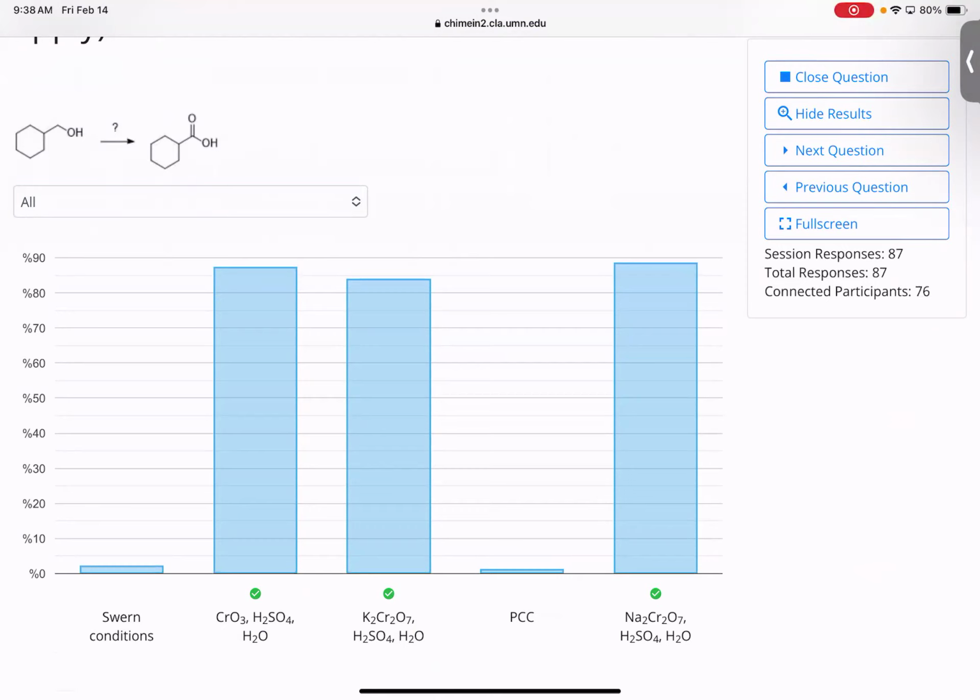How do we stop at the aldehyde and not fully oxidize to the carboxylic acid? How are we going to accomplish this?